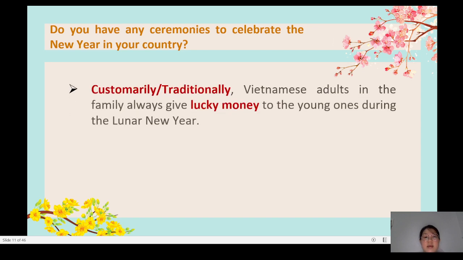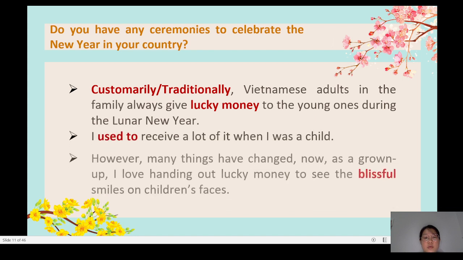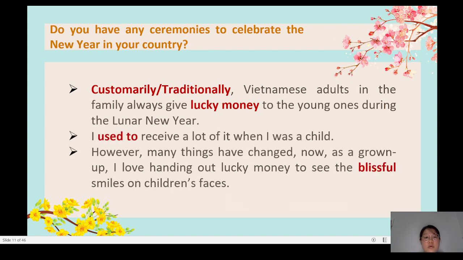And here is my sample. Please look at my slides carefully. Customarily or traditionally, Vietnamese adults in the family always give lucky money to the young ones during the Lunar New Year. I used to receive a lot of it when I was a child. However, many things have changed now as I grow up.